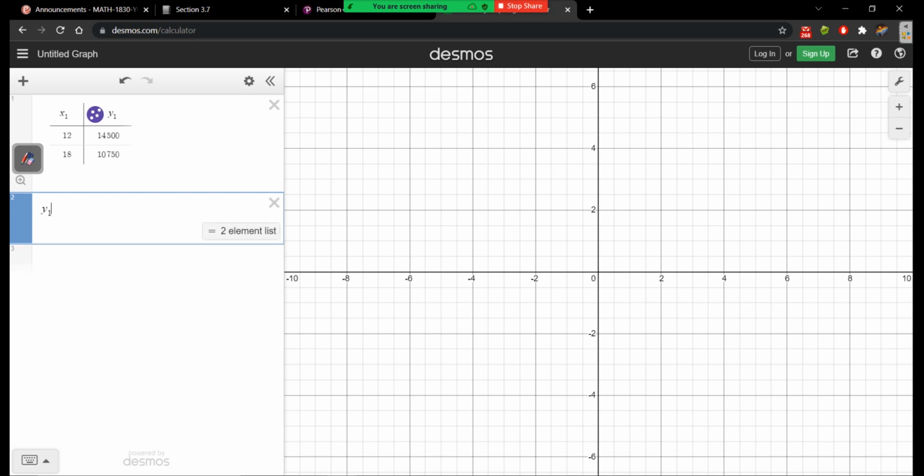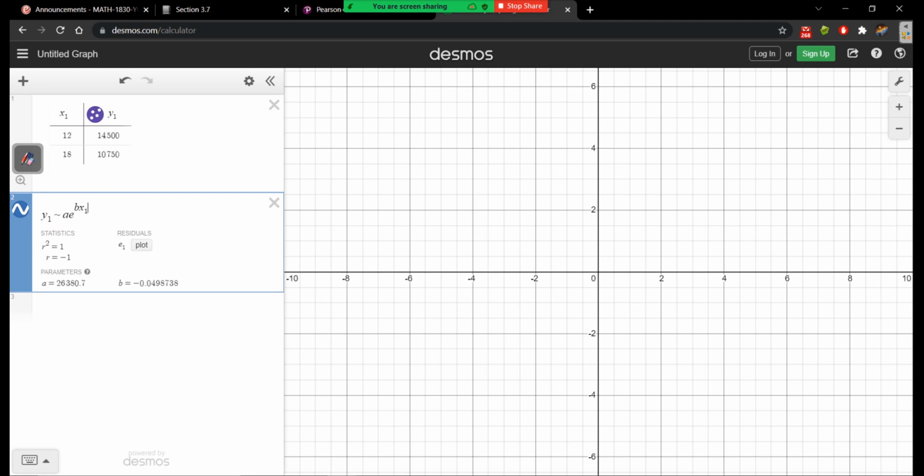It automatically puts it as a subscript. Then I'm going to hit shift tilde, the button to the left of the 1. Then I type A, E, and then shift 6 for that caret, B, X, and then I type a 1. It automatically will put it as a subscript for you.